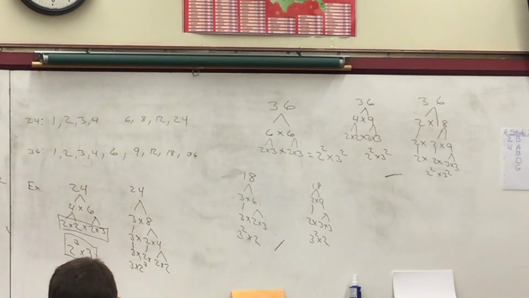How about this one, class? Make a factor tree of 51. Now, stop one second.